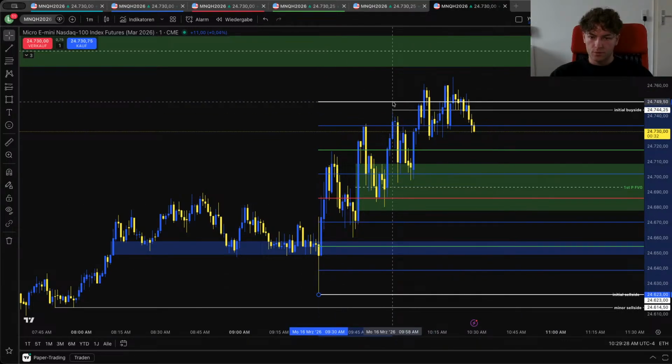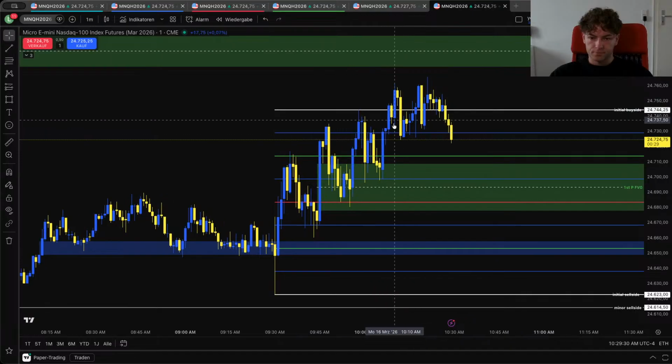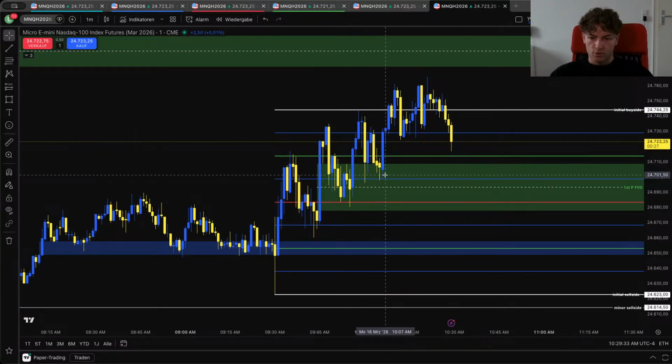Open range quadrant levels respected the 8th.